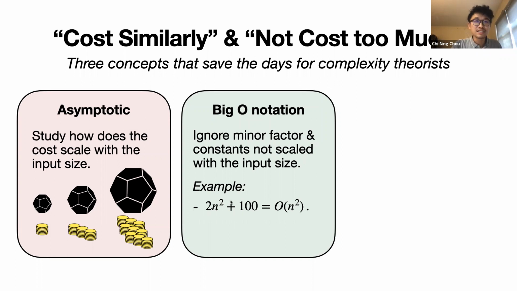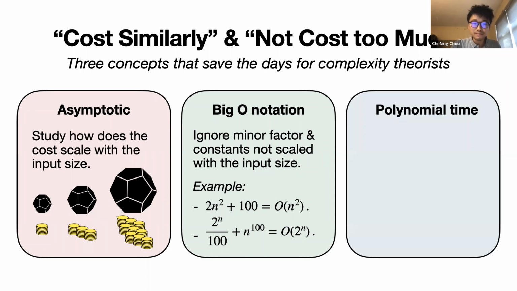For example, if the scaling of the time complexity of a problem is something like 2n squared plus 100, to a complexity theorist, they just think of it as n squared. Similarly, if it looks like this scary thing, to a complexity theorist it is just 2 to the n. You can see that this helps simplify a lot, and helps you put lots of different things into the same bucket to argue and analyze.